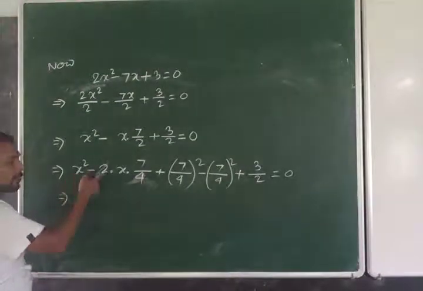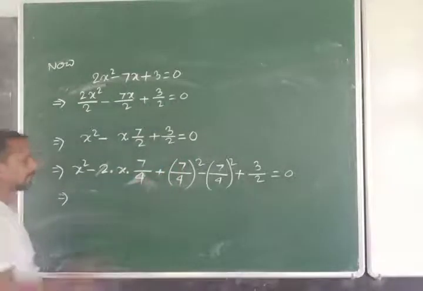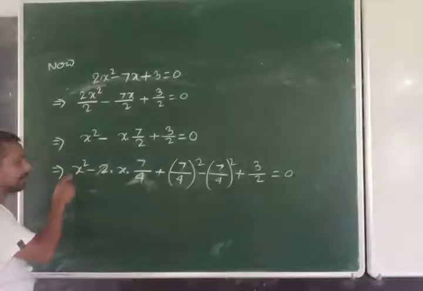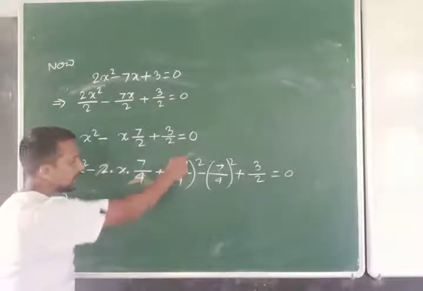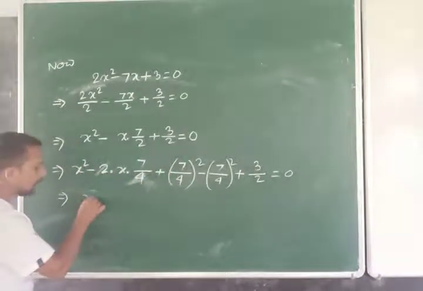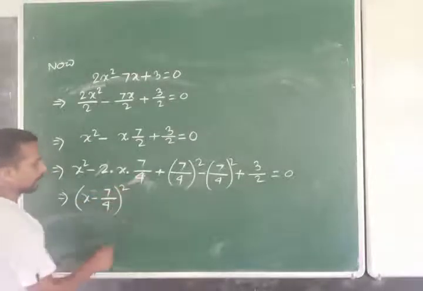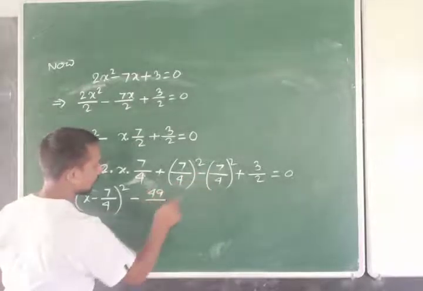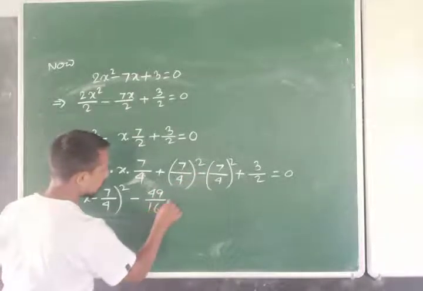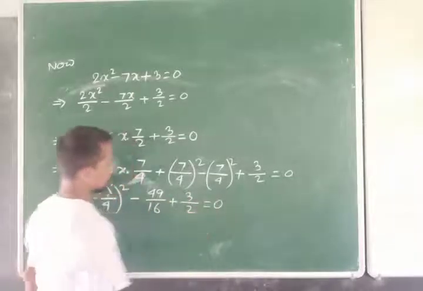x square minus twice x times 7 by 4 plus 7 by 4 whole square, which is like the identity a square minus twice ab plus b square, which is a minus b whole square, minus this 49 by 16 plus 3 by 2 equal to 0.